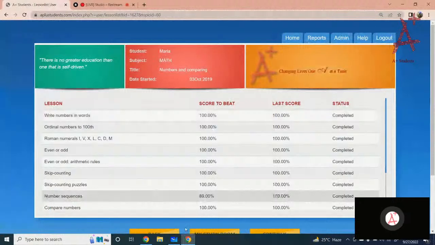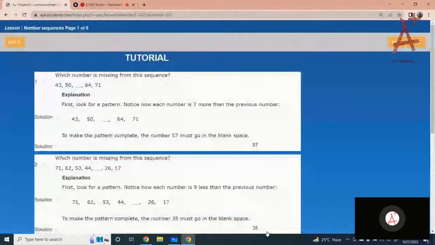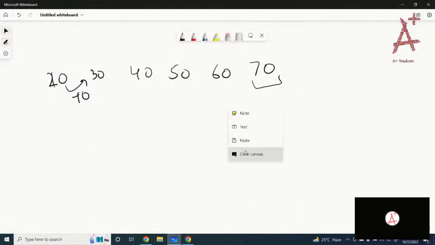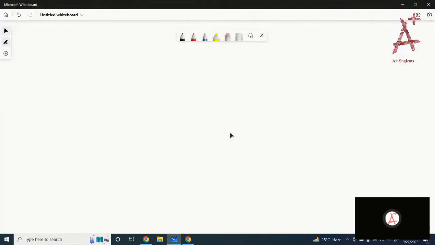The next one is number sequences. So let's start with the next topic, that is number sequences. Okay, the number sequences.